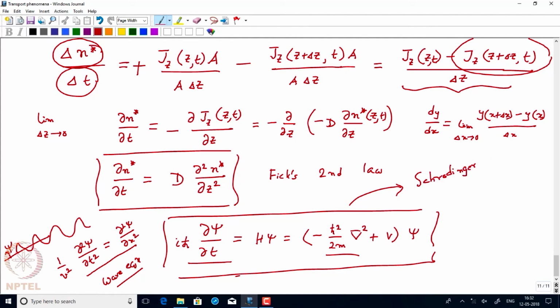So this is just to give you a feeling of how things are connected, although we are talking about very different physics here.